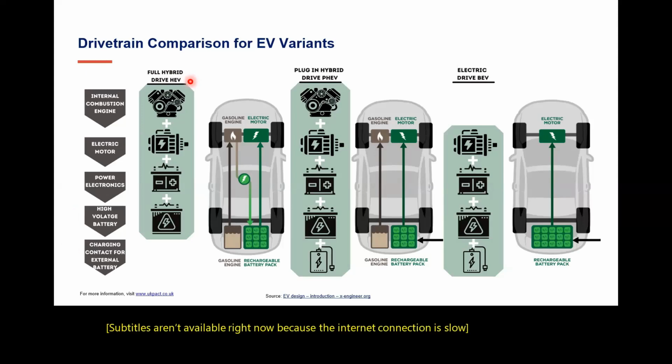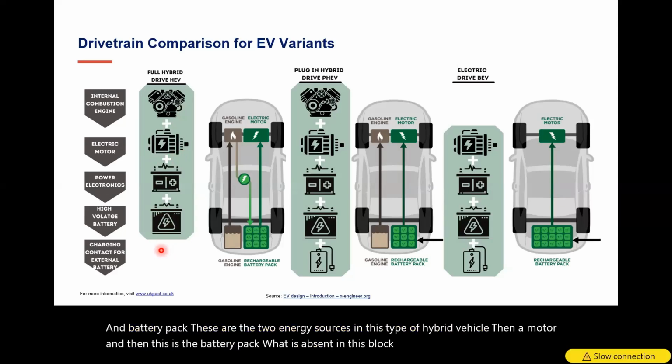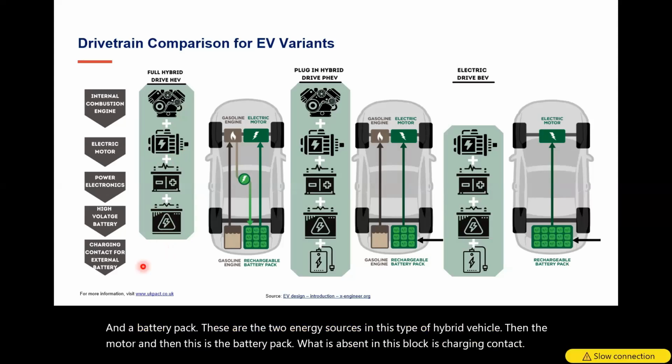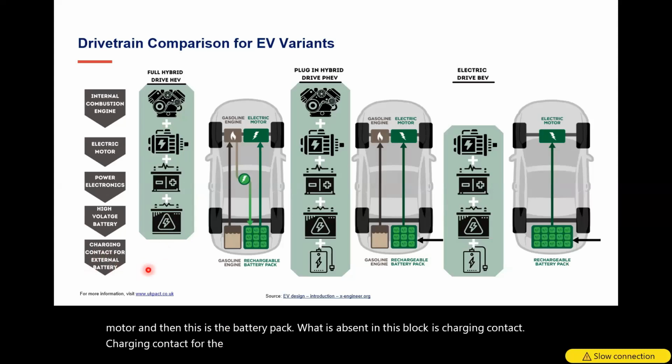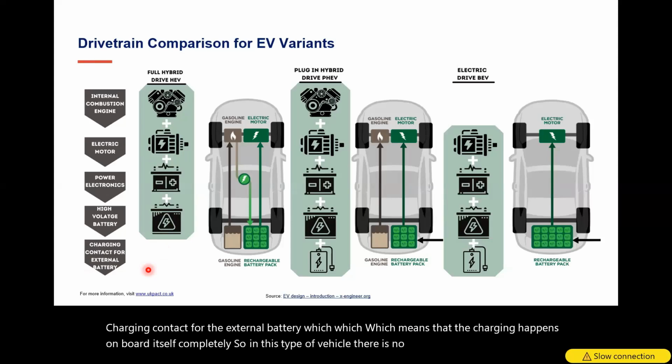Similarly, over here it shows internal combustion engine and a battery pack. These are the two energy sources. Then a motor, and then this is the battery pack. What is absent in this block is the charging contact for the external battery, which means that the charging happens on board itself completely. So in this type of vehicle, there is no provision of charging the vehicle from the outside world.